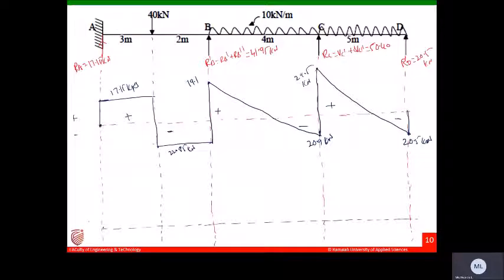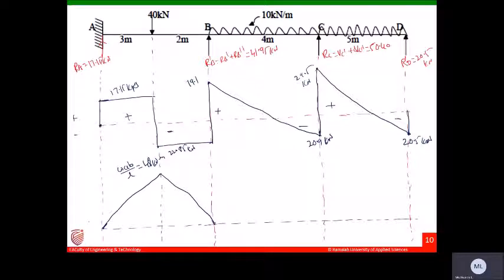So this is due to loading, a point load. It is like this. WAB by L, you will get 48 kilonewton meters. This is due to loading.